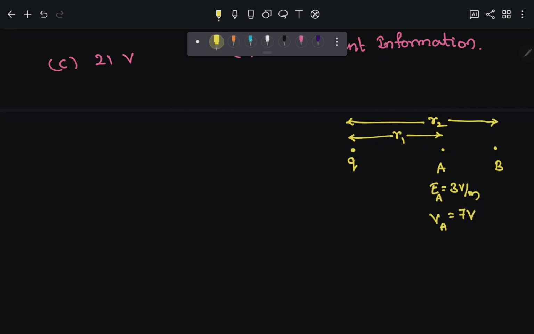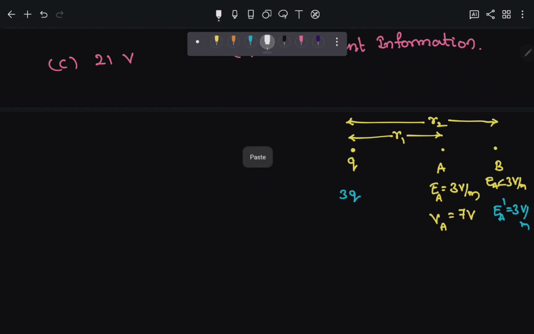Now when the charge is replaced with 3Q, they mention that EB dash is equal to 3 volt per meter. This is the given information. In the initial condition, EB is less than 3 volt per meter. This is the given information.